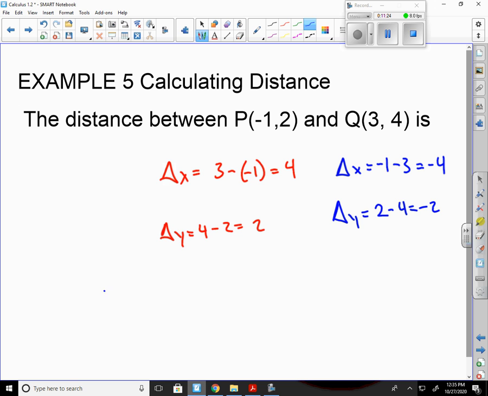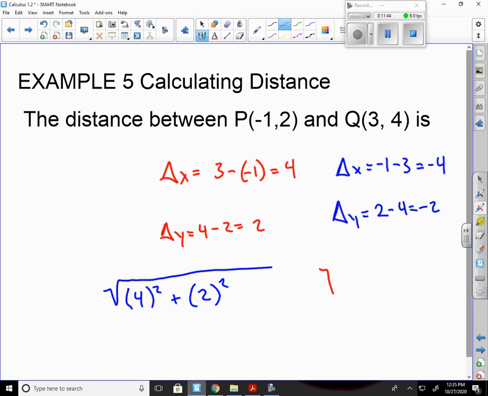If we go back to our formula, you'll remember that we're looking at the square root of delta x squared plus delta y squared. So that would be the square root of 4 squared plus 2 squared.